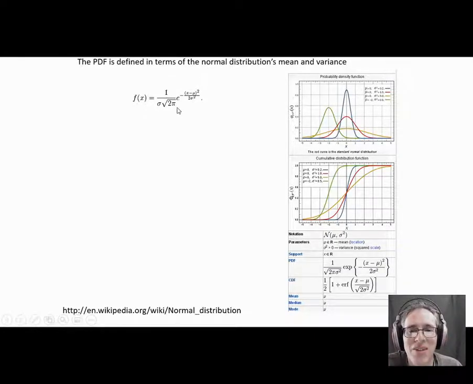So you have some function that involves the variance, raised to this x minus mu squared, right? This is each value of x along the x-axis that you're trying to evaluate the normal distribution for. This is the mean, and this is the variance here. So this probability density function is defined this way, and that's the math that you get to at the end of this assumption of the binomial distribution.